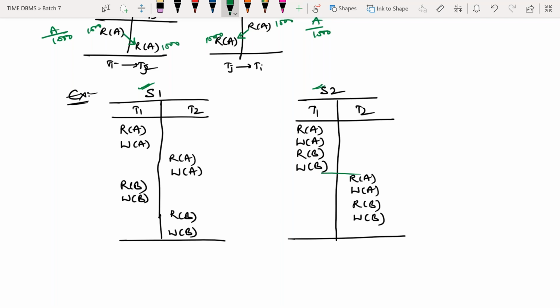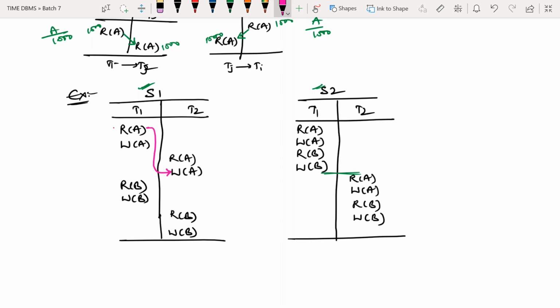Look at what operations are there. How to verify conflict operations? The first operation of T1 has to be verified with all operations of T2 in the downwards direction. This read A has to be verified with write A downwards. Read A, write A is a conflict. Read A, read B is not a conflict.